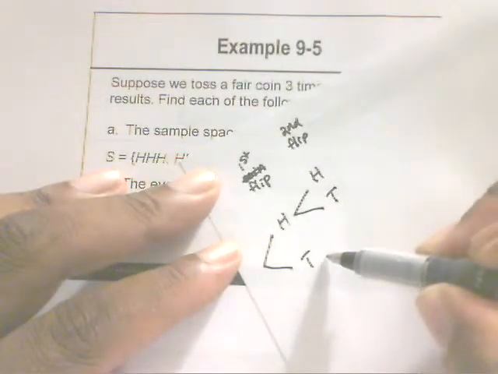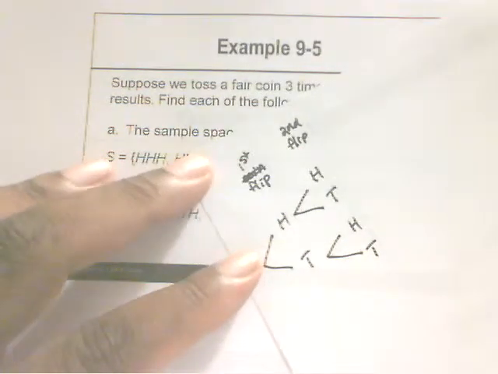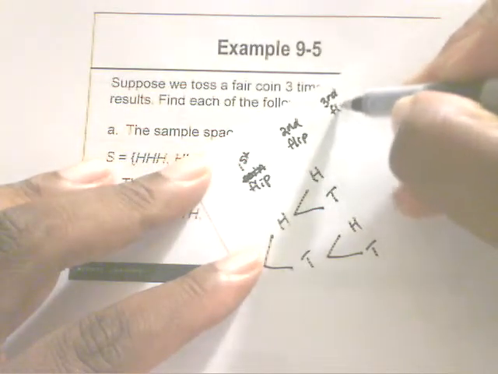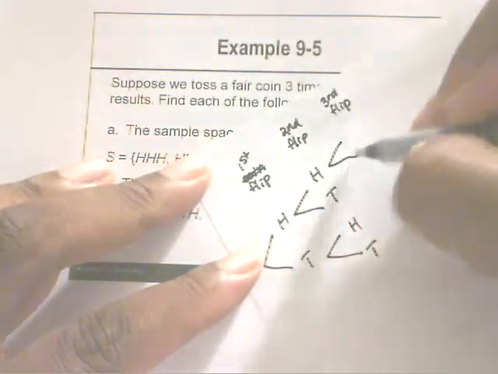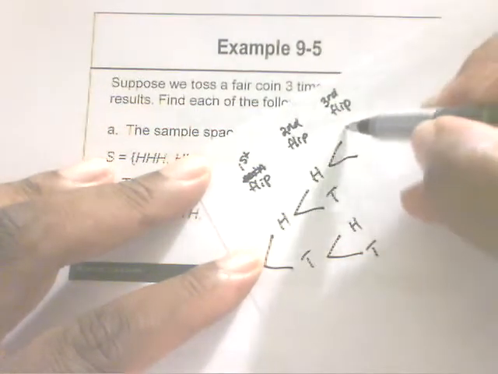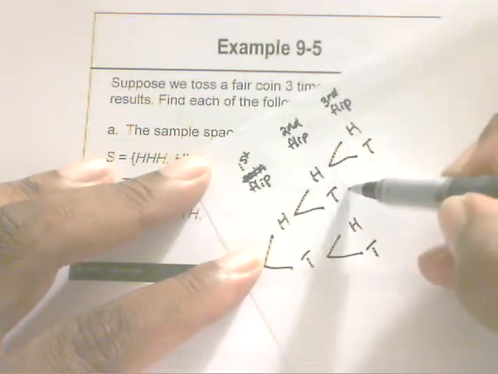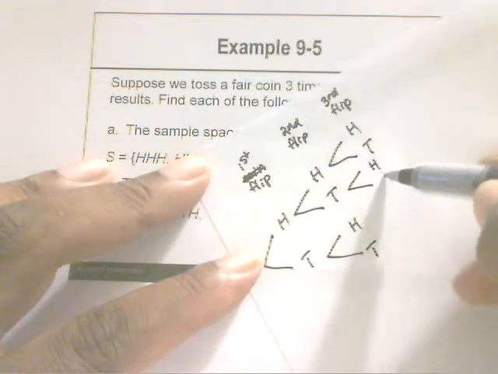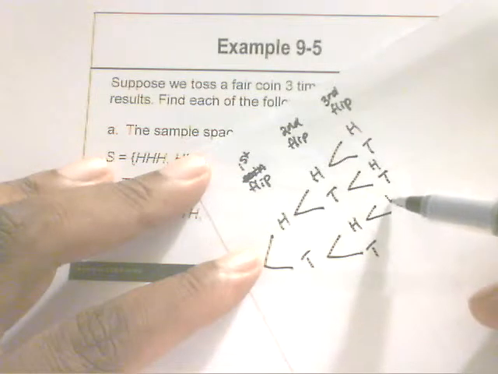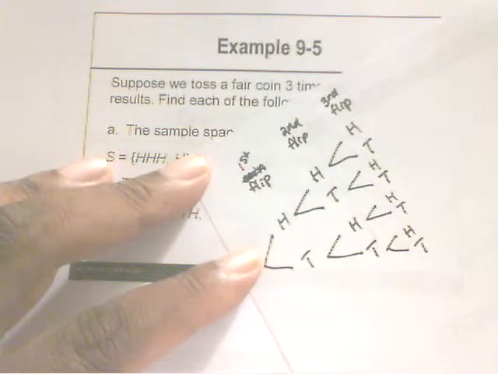Or if the first flip was tails, then the same thing, heads or tails. And then you have the third flip of the coin. If the first one is heads and the second one is heads, then the third one could be either heads or tails. If the first one is heads and the second one is tails, then you can have heads or tails on the third flip. And for the next one, same thing, heads or tails, and then the next one, heads or tails.